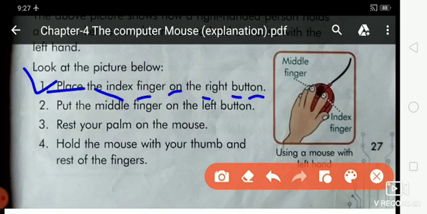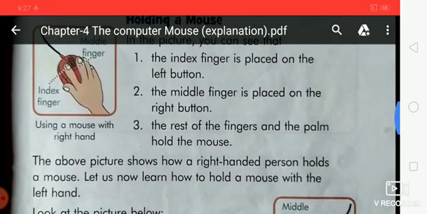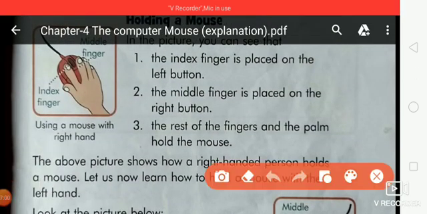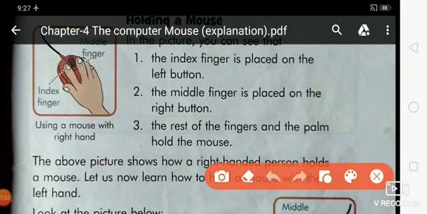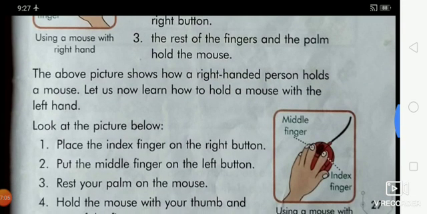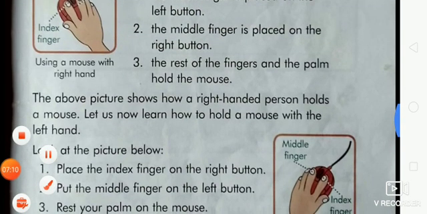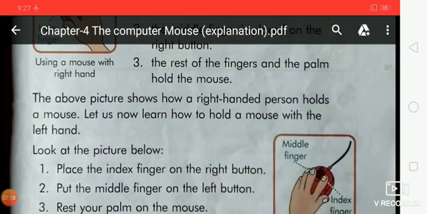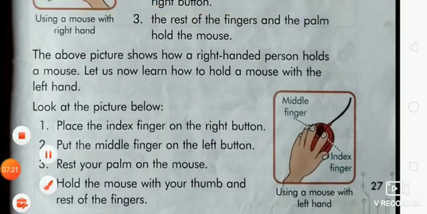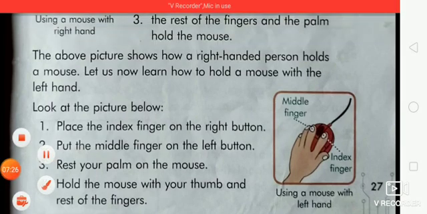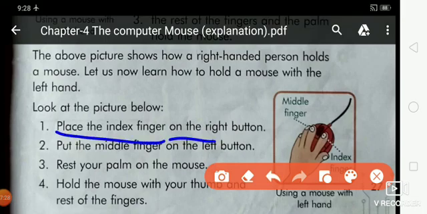As you saw in the previous method, a right-handed person will place his index finger on the left button, but in this condition, when a left-handed person holds a mouse, he will place his index finger on the right button, okay.